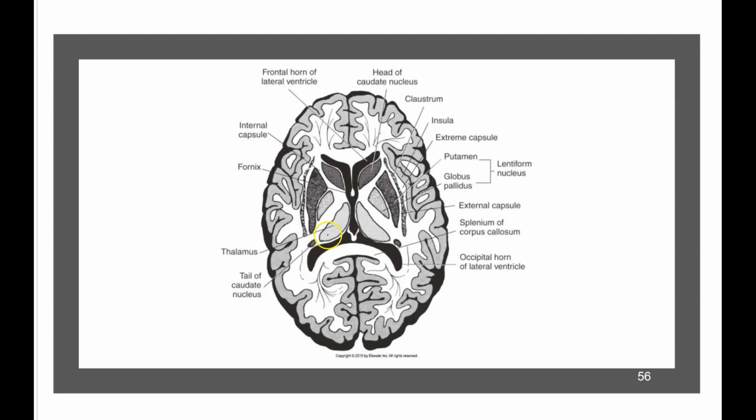This is your thalamus, so you know where we're at now. Here's the occipital horn of the lateral ventricle, and this is the splenium of your corpus callosum. So a lot going on, right? Break it down, make sure it makes sense. So the head of the caudate nucleus, or I mean the tail, is down here on either side.